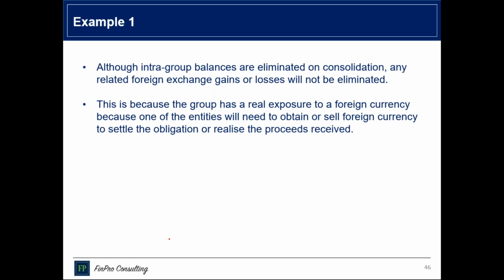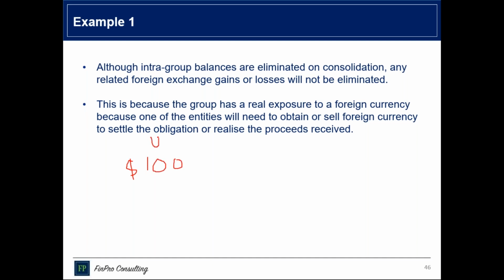So let's take an example where a US based parent entity has given a loan to a subsidiary company in India. Let's say it's a $100 loan. So $100 loan is sitting in US books as loan given, and the same $100 loan is sitting in India books.